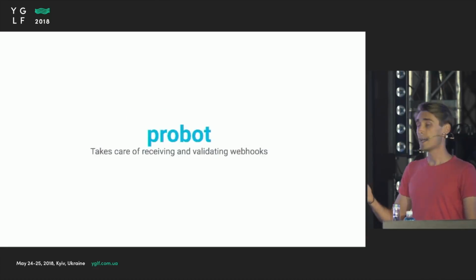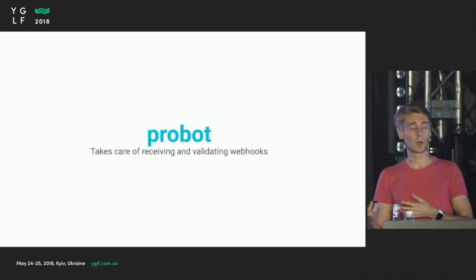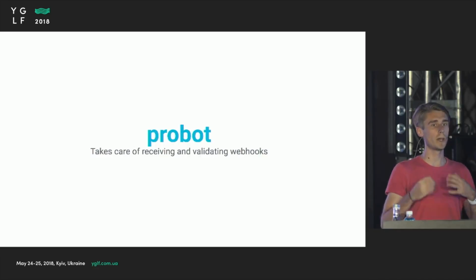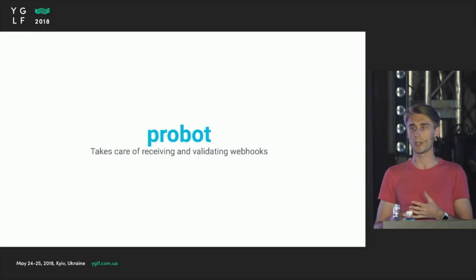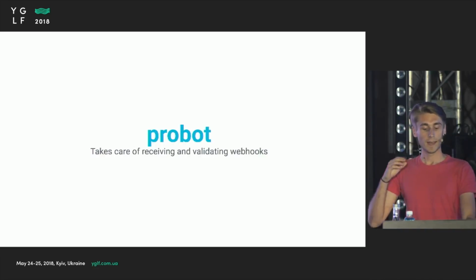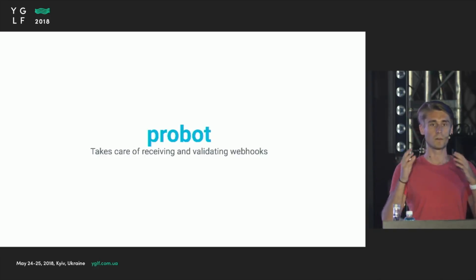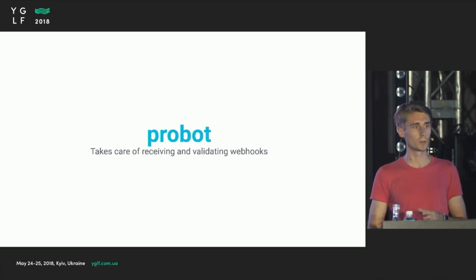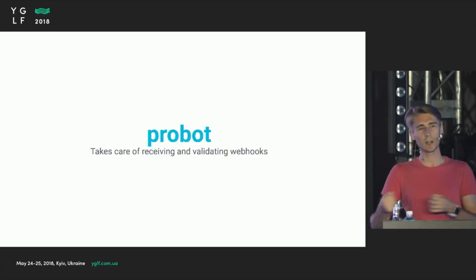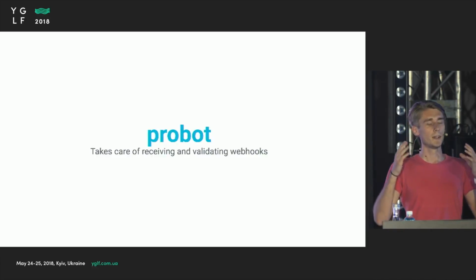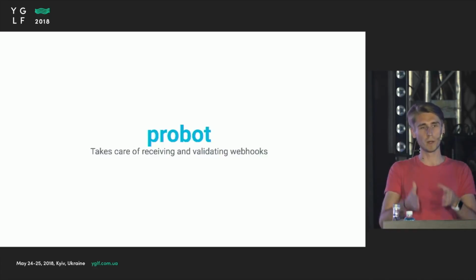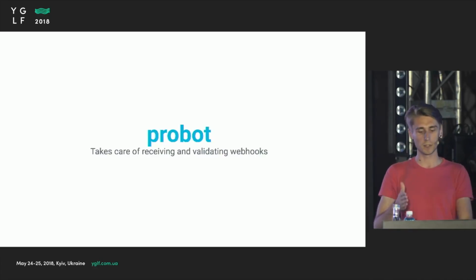So the name is Probot, and what is Probot? Probot is a framework for creating robots with Node.js, and it takes care of receiving and validating webhooks. So actually, it takes all of this complicated logic out of the scene and lets you concentrate on building something that you have in your mind.